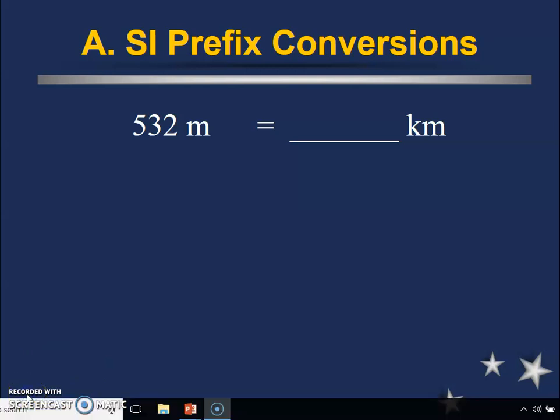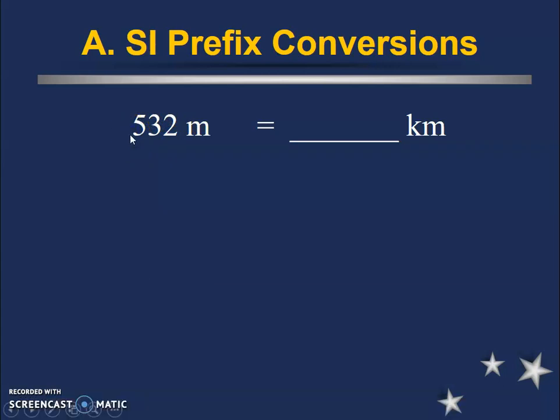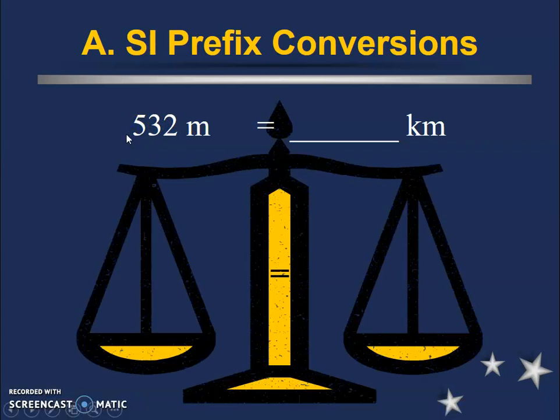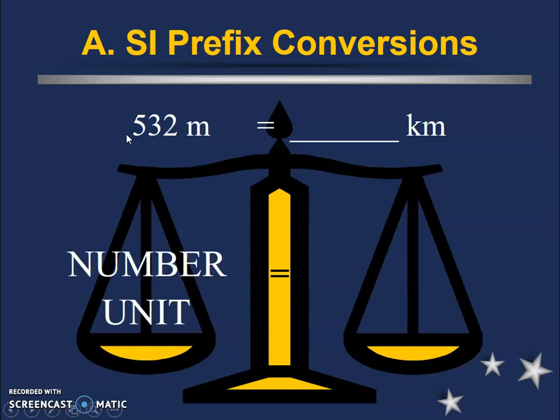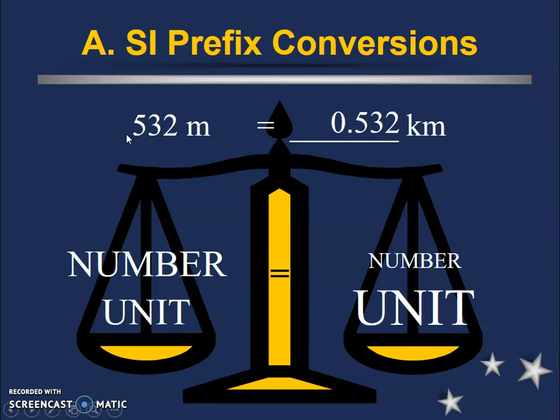If we look at our stair step, we know that to go from meters to kilometers, you have to go to the left 3 places. So we're going to go 1, 2, 3. And that's where our decimal is now going to be placed. So 0.532. Had to move it back.